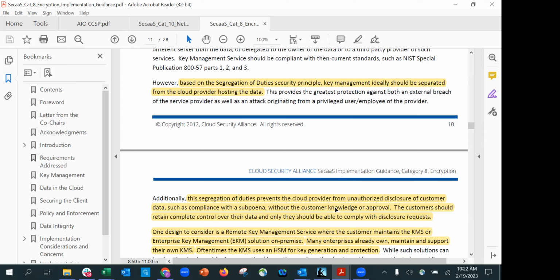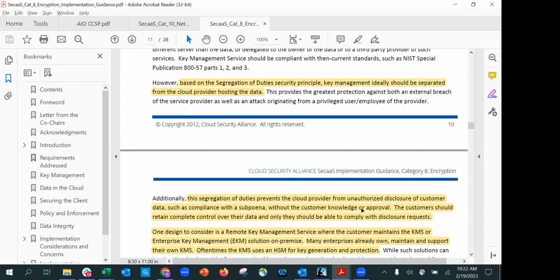So what he's saying is that a subpoena can be issued only by a court. Whether it's law enforcement or the court, both have the powers, especially if there is a subpoena. The only thing is that he has to inform the customer that he is sharing the data. Inform, I don't have a problem with inform. I have a problem with one word, approval.